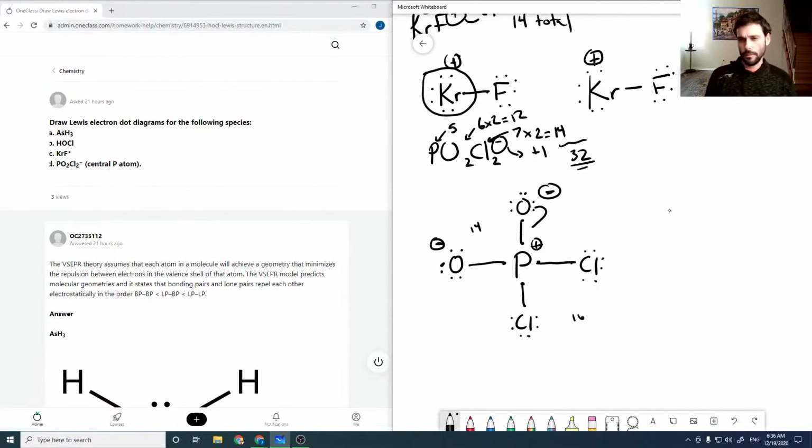The only thing that I will point out is that phosphorus can become hypervalent because it's lower in the periodic table, meaning octet doesn't matter that much.